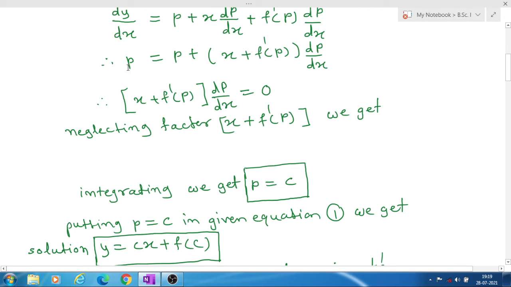Now on LHS is p and on RHS is also p, so p minus p get cancelled and remains only this x plus f dash p into dp by dx is equal to 0.